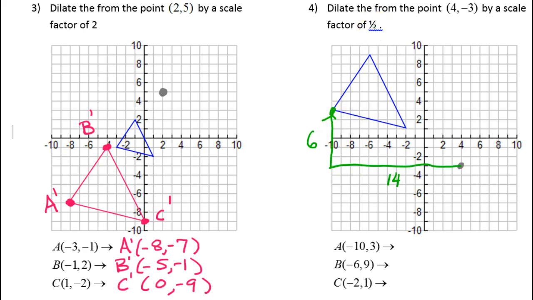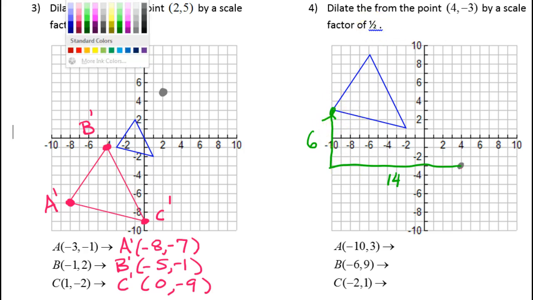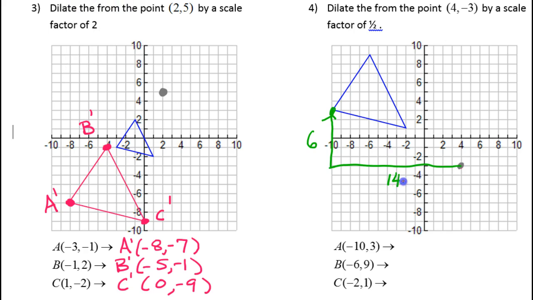Since the scale factor is half, my new path needs to be half of this path. So starting from the center, instead of going left 14 and up 6, I need to go left 7 and up 3.